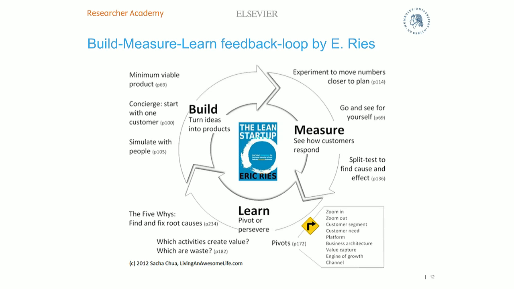The second phase is the measure phase. Here you see how your customers respond to your product. So this is the phase which was formerly called testing or measuring. Of course, this is highly intertwined.